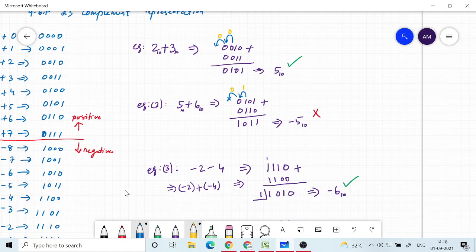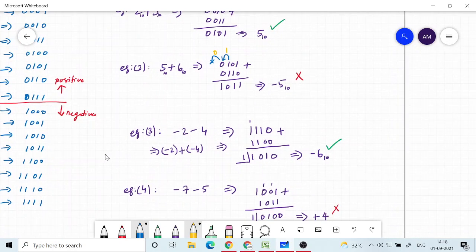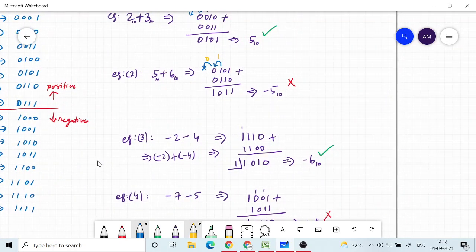Okay, now let's look at the third case. In the third case, if you look at here, 1 plus 1, you have a carry there. So there is a carry here. We are bringing a carry here, and then here also there is a carry. So this is 1 and this is also 1.